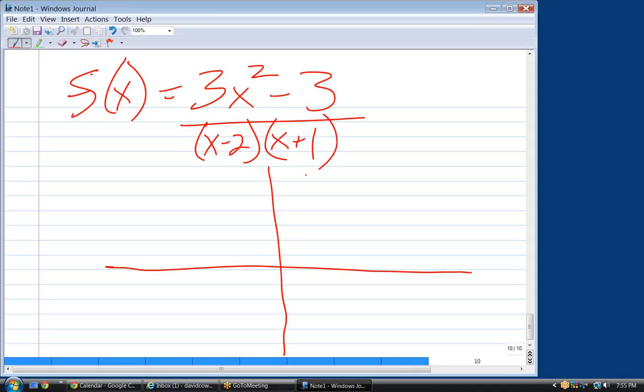Now where are my vertical asymptotes? 2 and negative 1. Where are my horizontal asymptotes? 3. Good. And what else did you need to find? Just those 2. Okay.